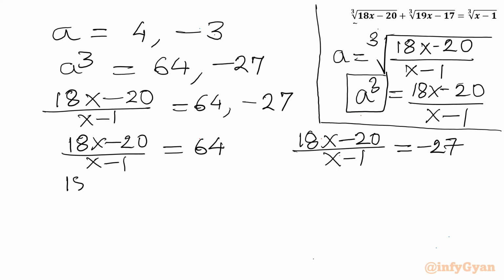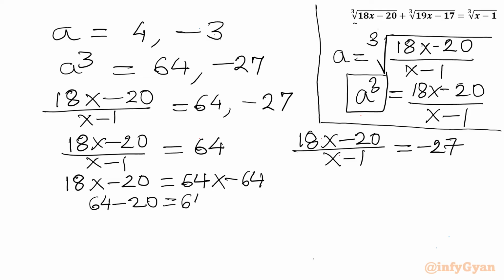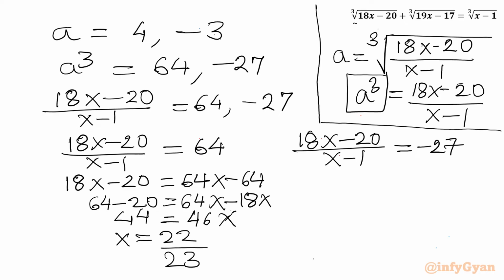Let's solve. So 18x minus 20 equal to 64x minus 64. So I will rearrange. 64 minus 20 will be equal to 64x minus 18x. So the right hand side would be 46x, and the left hand side would be 64 minus 20, 44. Now x will be equal to 44 over 46, or 22 over 23.